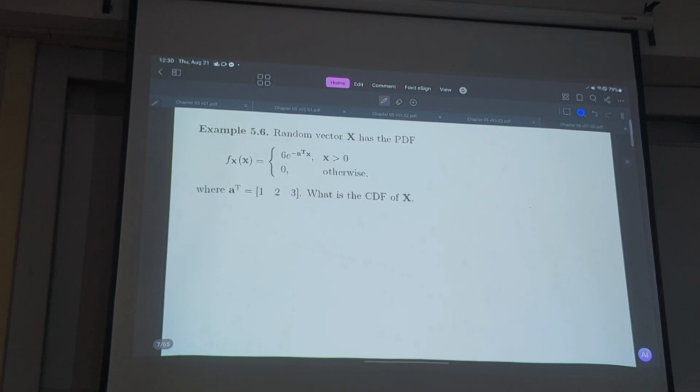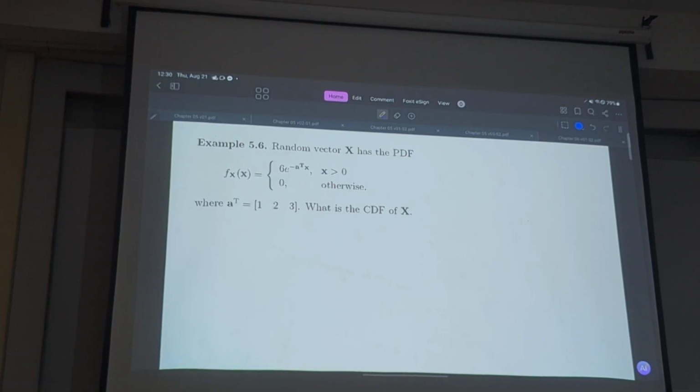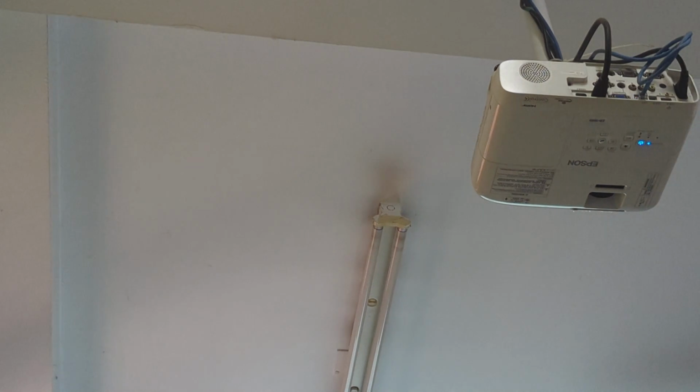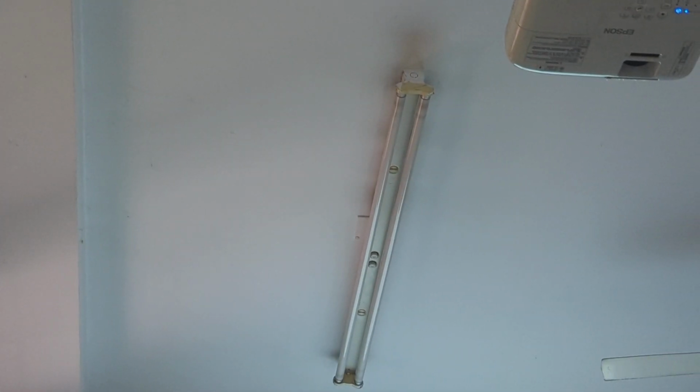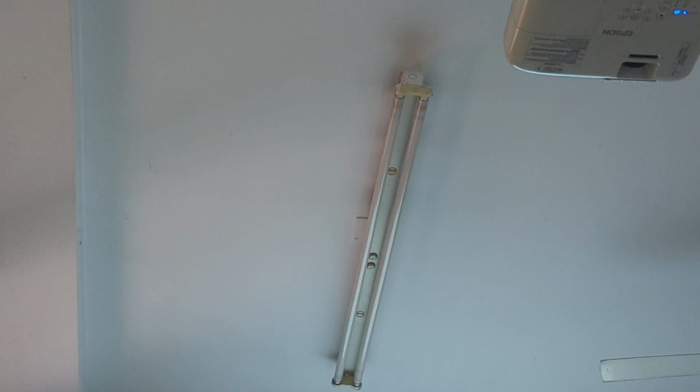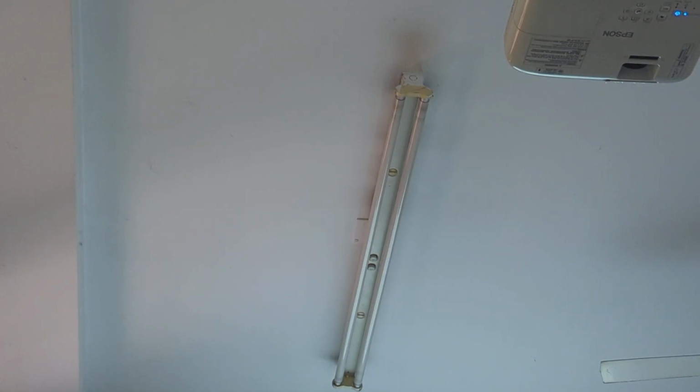Solve this problem. The PDF of the random vector X is given by this equation, right? What do we need to calculate? What is the CDF of X? Do it.